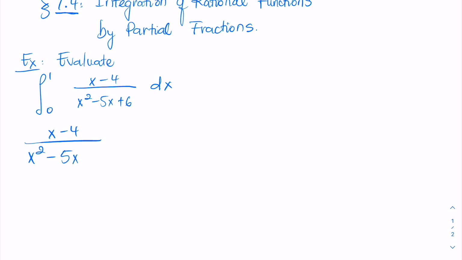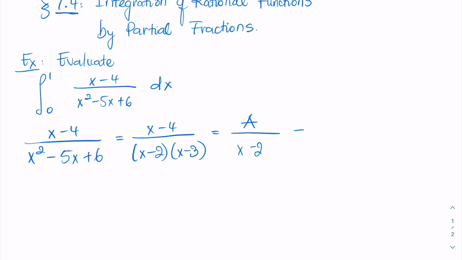So I have x squared minus 5x plus 6. The first thing we have to do is factor the bottom. So it's going to be x minus 2 and x minus 3. Since we have linear and linear, we're going to rewrite it like A over x minus 2 plus B over x minus 3.